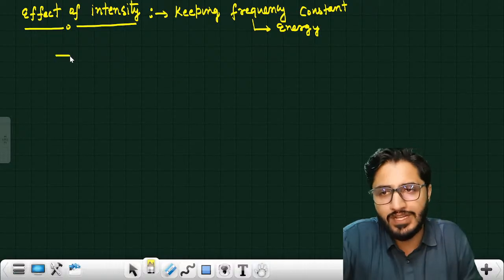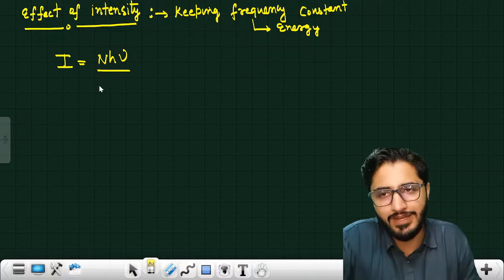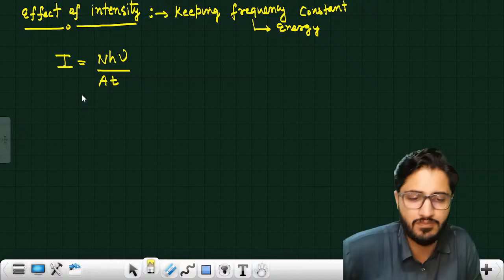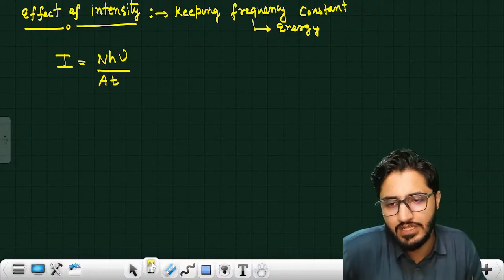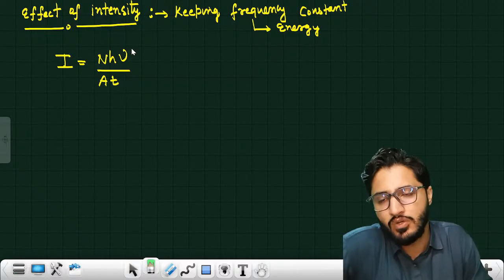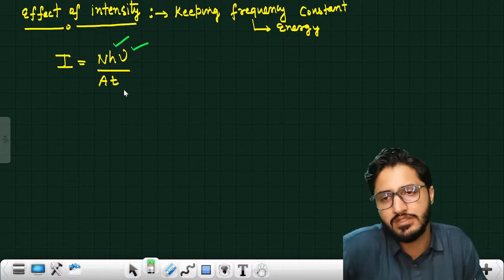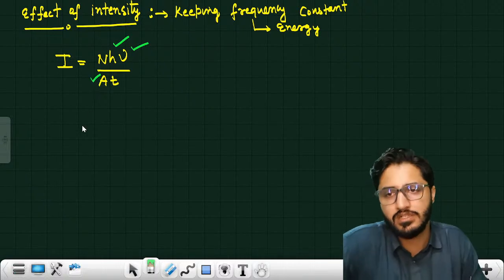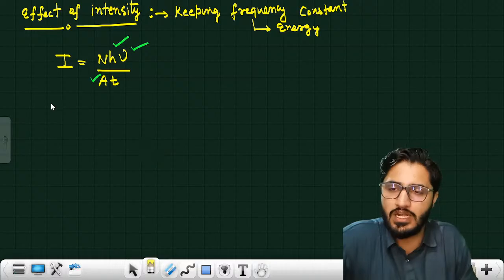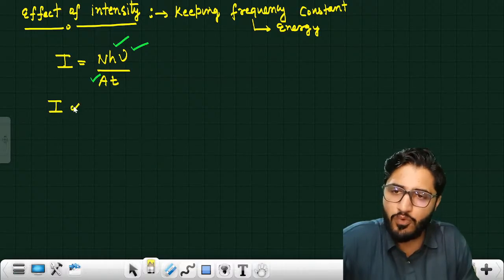So what is intensity, sir? Intensity is N h nu divided by A t. So you can see now, sir, nu is constant, h is constant, area is constant. Therefore you can write here, intensity is proportional to N divided by t, which is proportional to N.